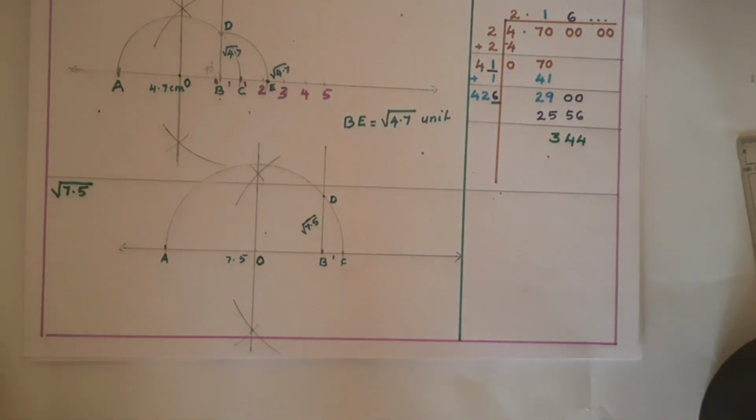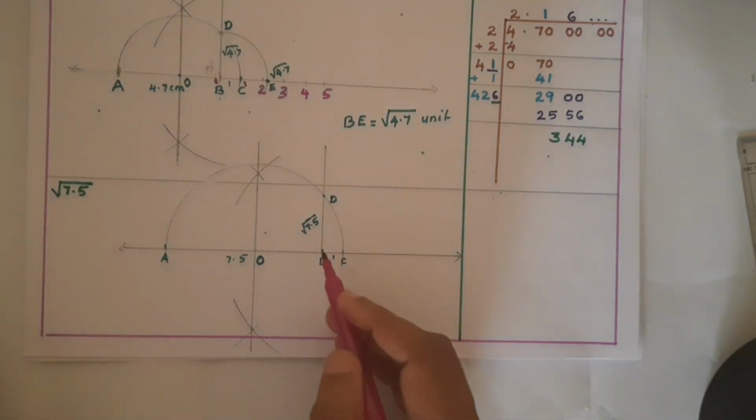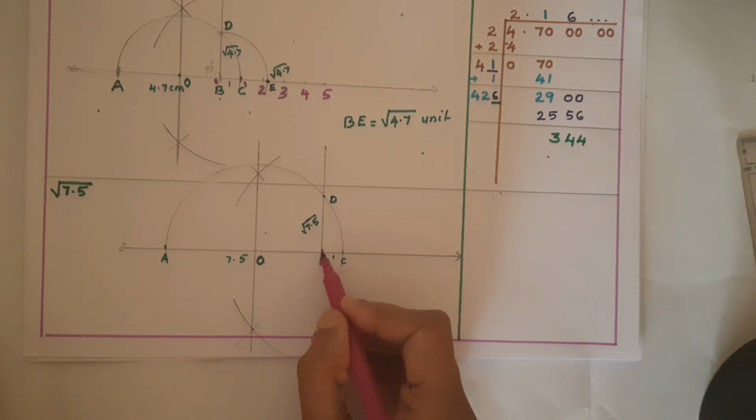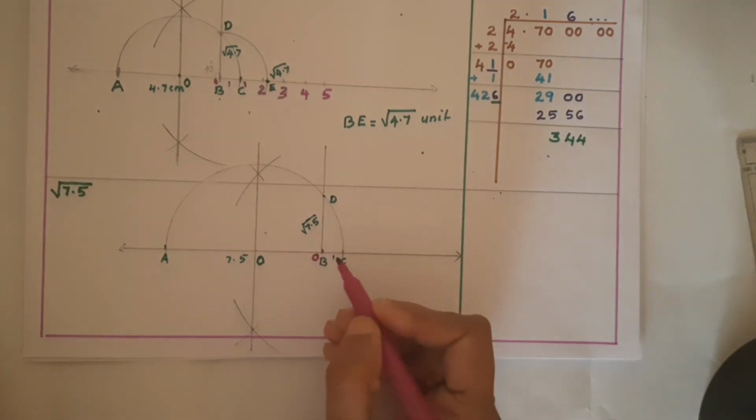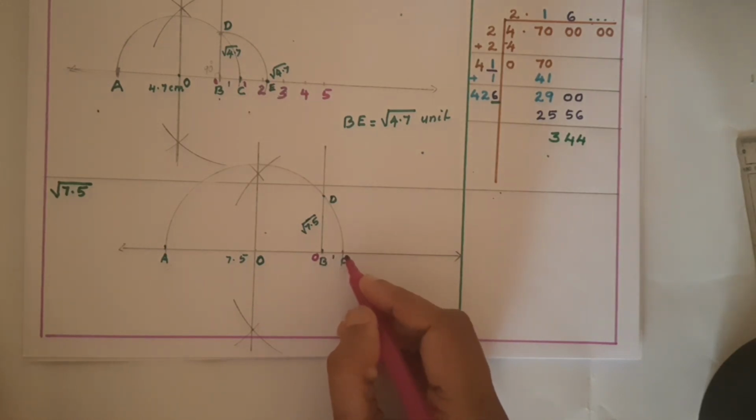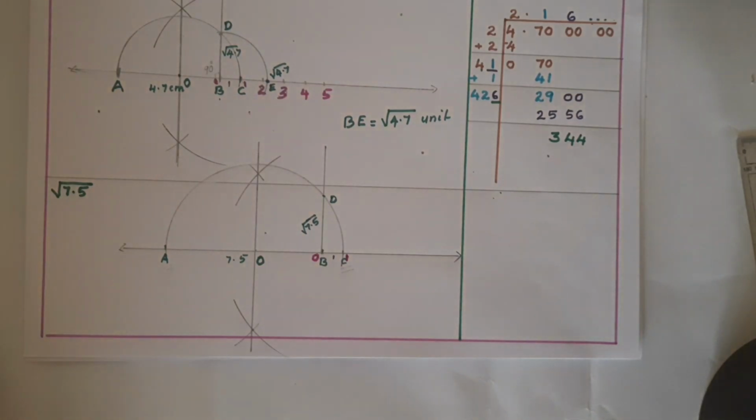How can we start marking number line? We have to start from here. B we have to take for 0. And here 1 centimeter. So C represents 1. Now we have to mark the remaining points.